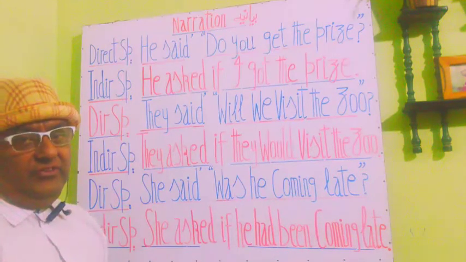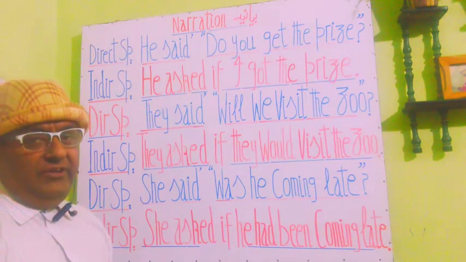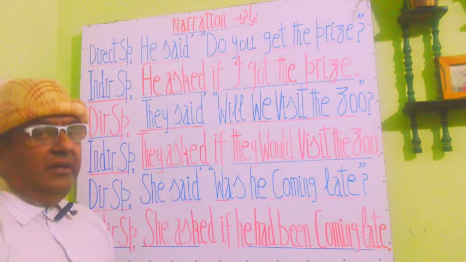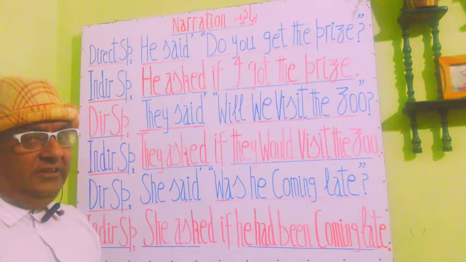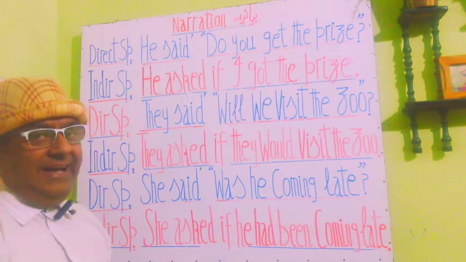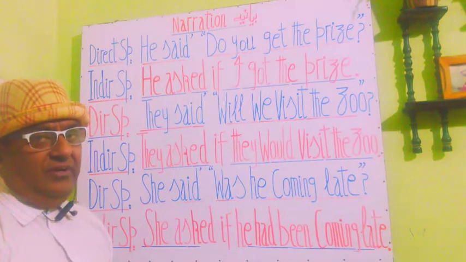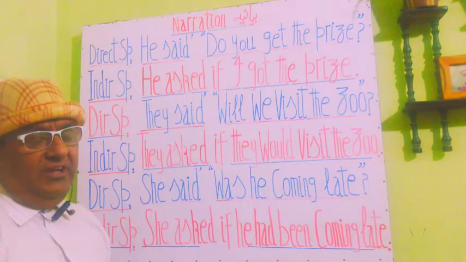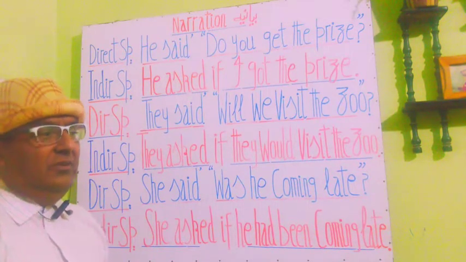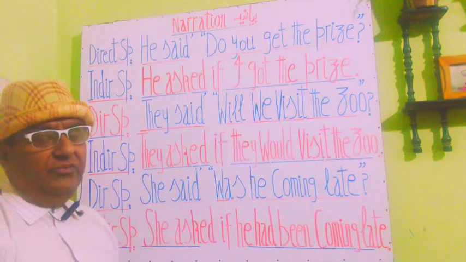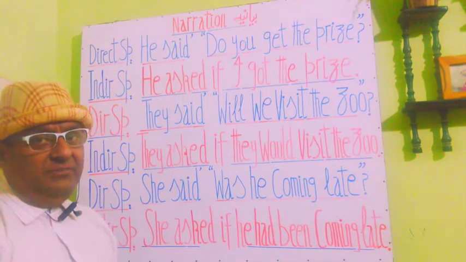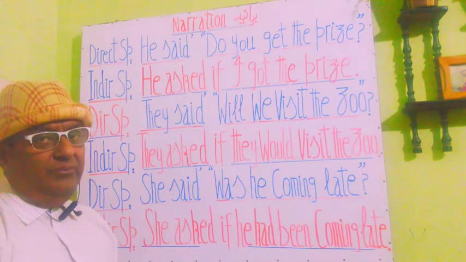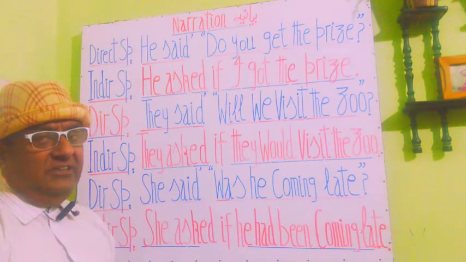Will we visit the zoo? It's a future interrogative statement, with the comma closed and an interrogative sign. You see it changes in indirect speech: they asked if they would visit the zoo. "They" is there because in direct speech the pronoun "we" is replaced by the outer subject, which is "they".